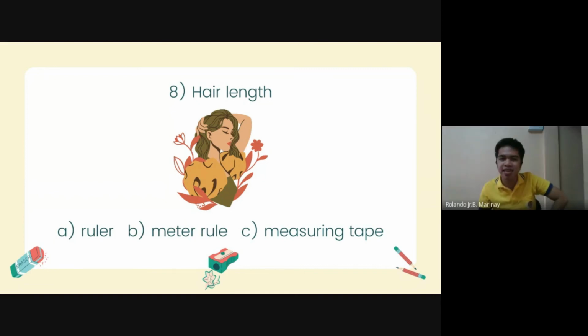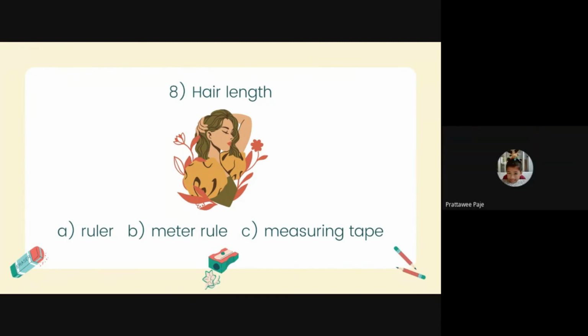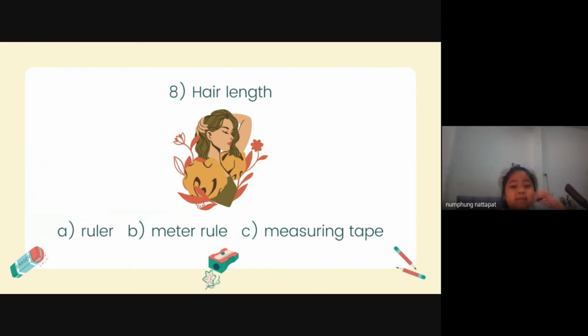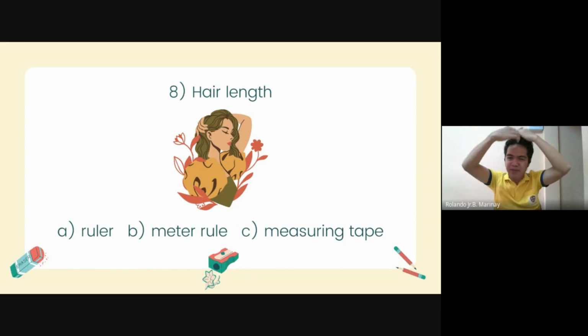Okay, Pajo says C. Smile says C. The correct answer is letter C, measuring tape, because our hair is curved. So it is measuring tape, because measuring tape can be folded like this.